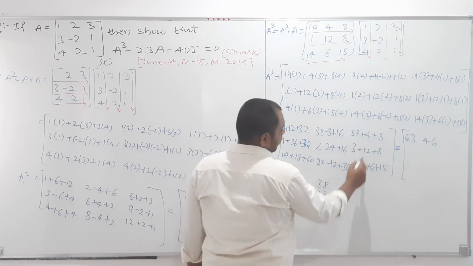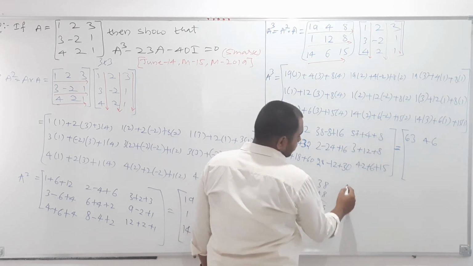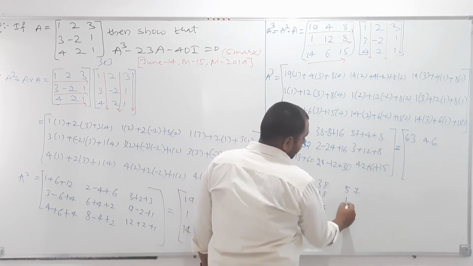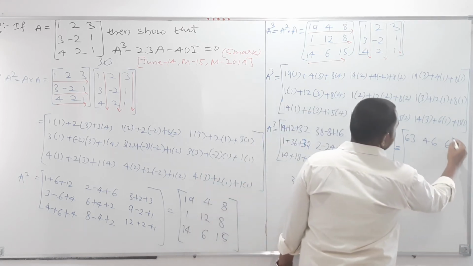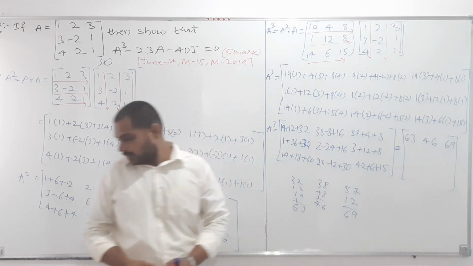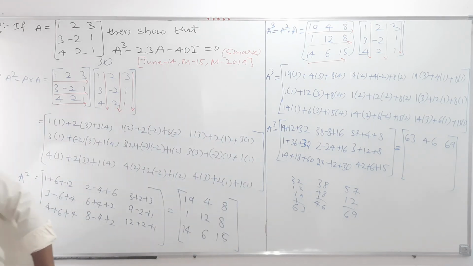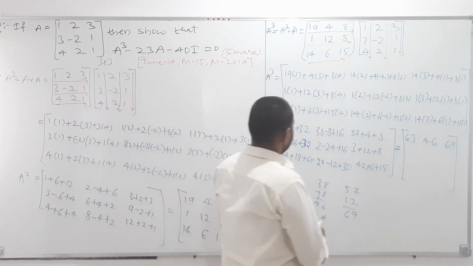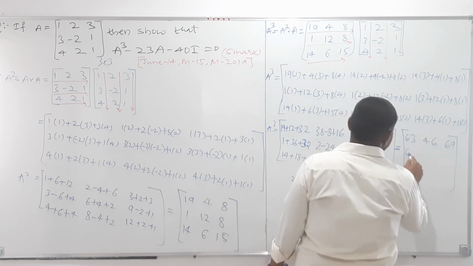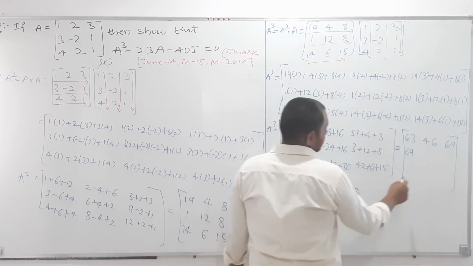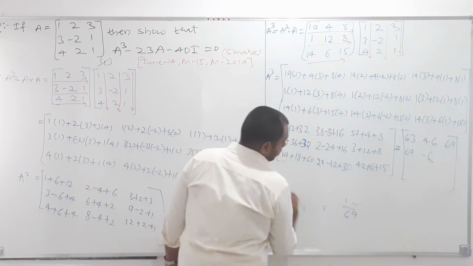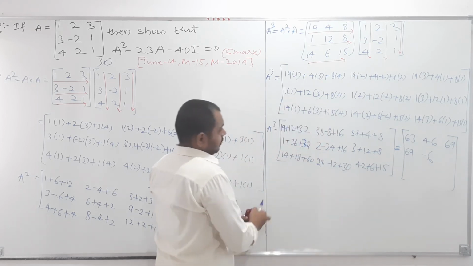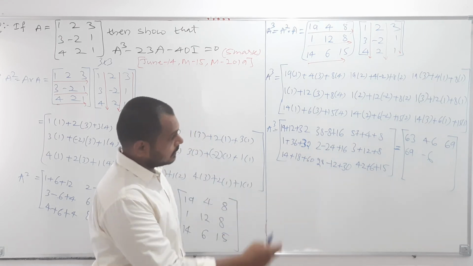Next, my dear students, 58 plus 4 is 12, so 69. So further simplify this, you will get, here it is 69 and here it is minus 6. Next, please simplify yourself, then I directly I'll write.